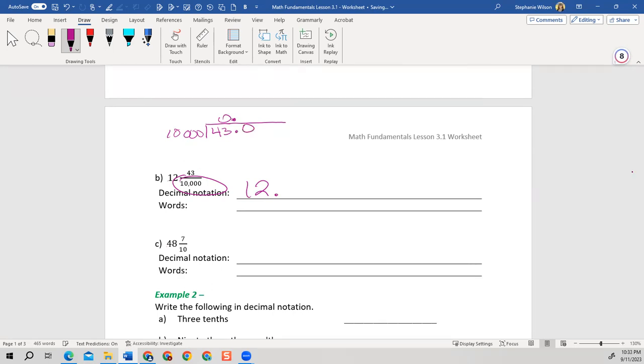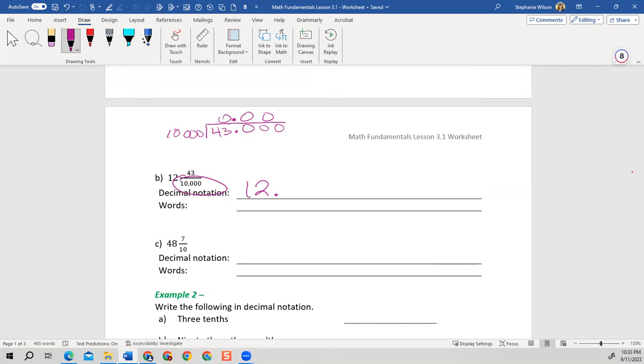How many times will it go into 430? 0 times. How many times will it go into 4,300? 0 times. Let's tack another 0 on. Oh, so maybe we have progress here, because now we're going to say, how many times will 10,000 go into 43,000? And we get, let's see, 4 times.